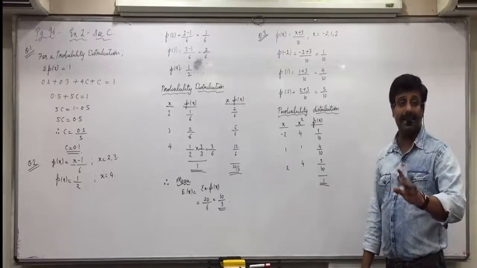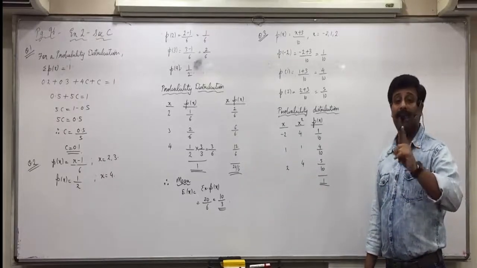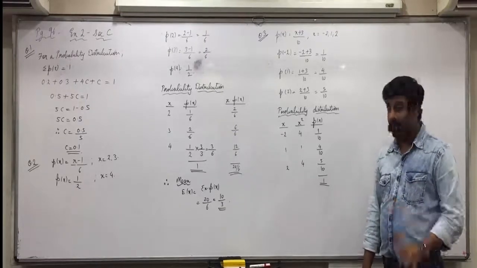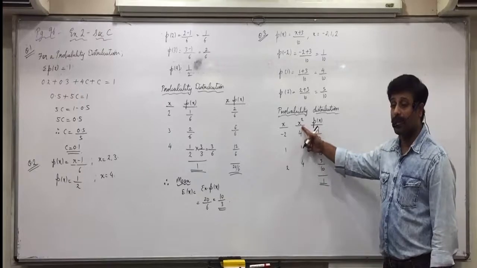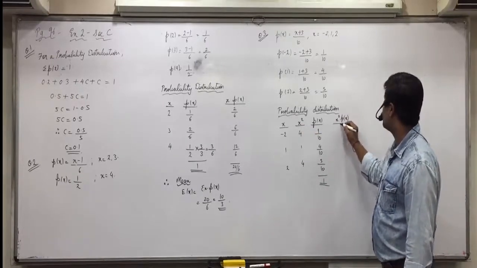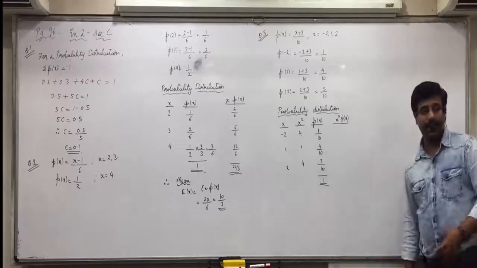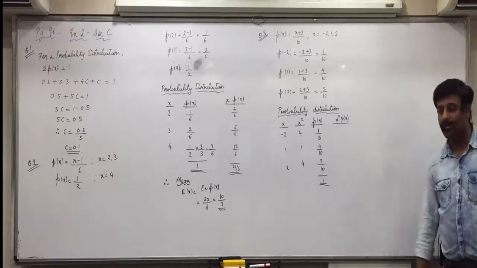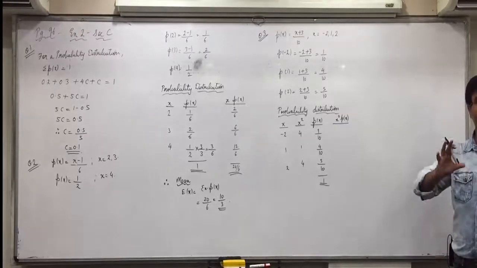Now since you are asked E of x square: when E of x is asked, we do sigma x into p x. But we are asked here the expected value of x square, so we do x square into p x. For variance also we do that, but in variance we also do x square p x minus E of x whole square. Here only E of x square is asked.